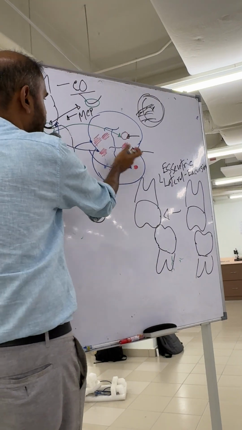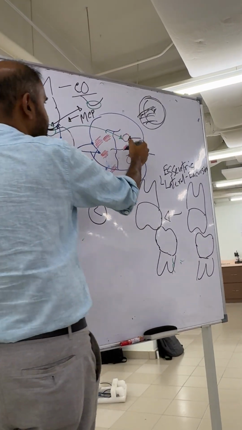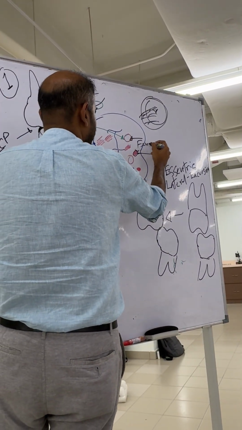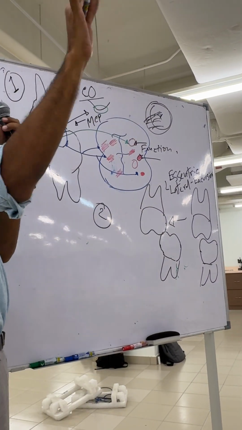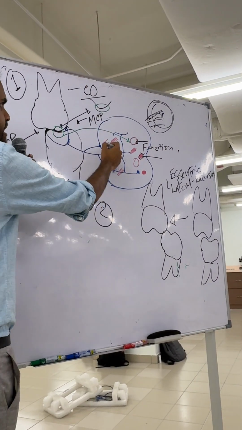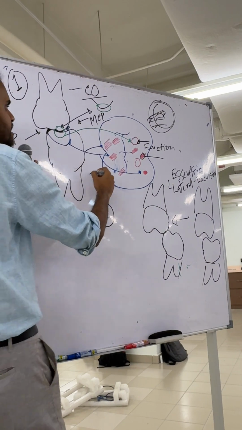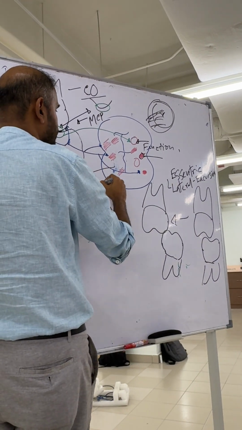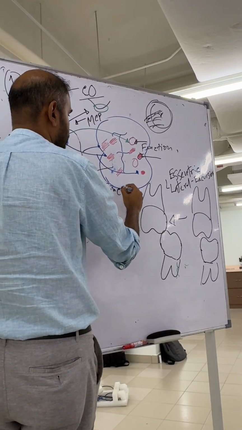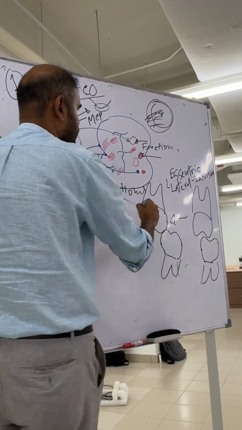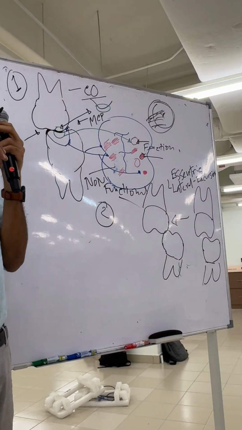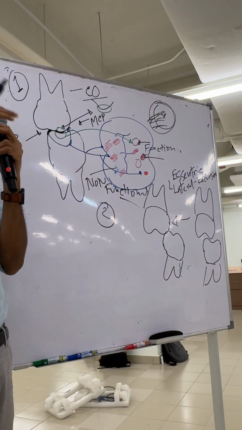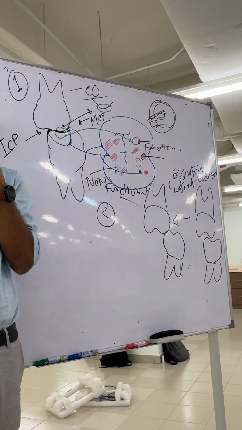So if this one is the functional cusp, the other contact points you can see in other areas are maybe happening in the non-functional cusp. But we already know that non-functional cusps should not be in contact, or at most a semi sort of touch.